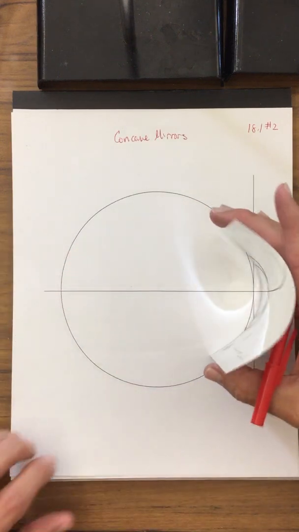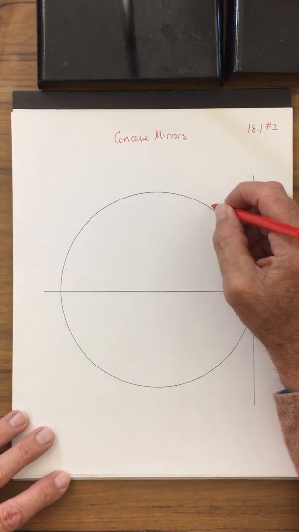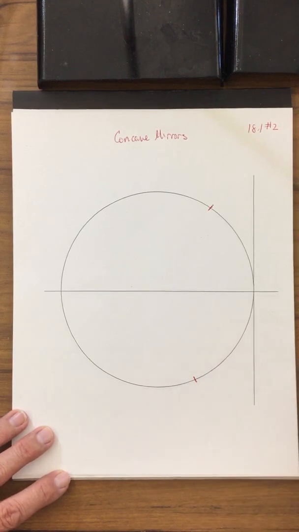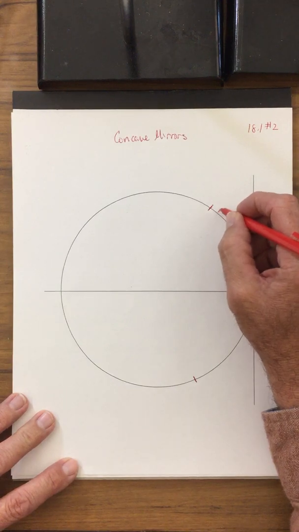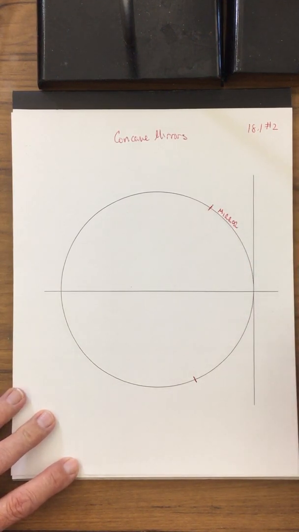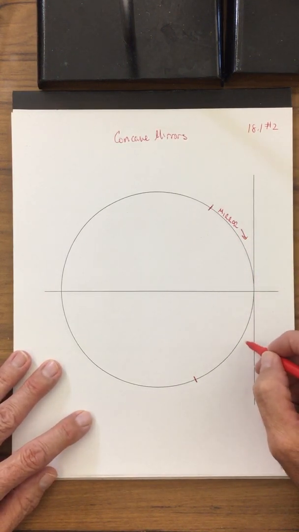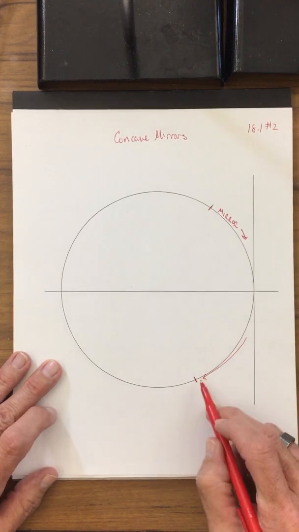So we're actually just looking at the curved portion on this side over here. So the mirror extends from here to here. This is our actual curvature of the mirror. So if you can label that as the mirror, and then this goes around and continues to come around, and then the mirror will end right about here.